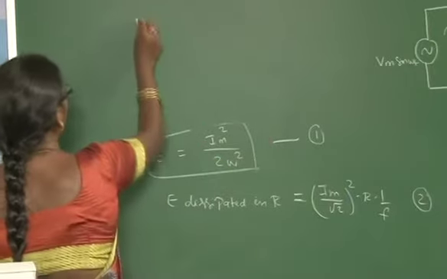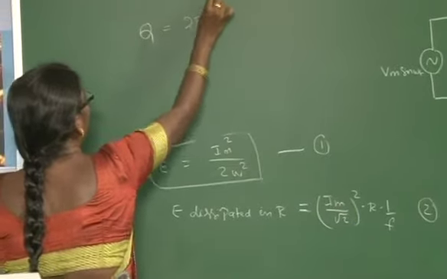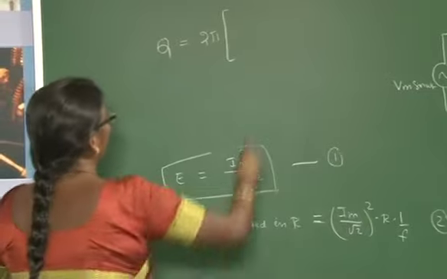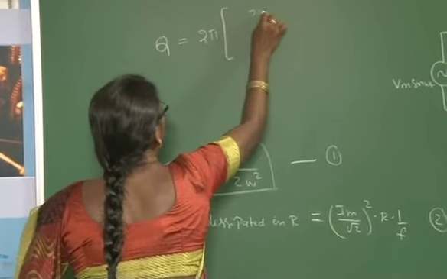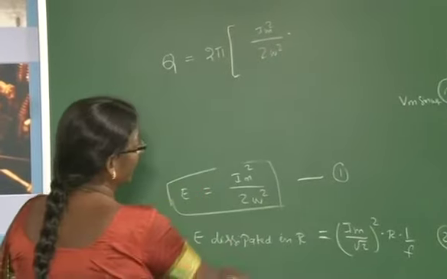What is the quality factor of the capacitor? It is nothing but 2 pi into the energy stored, Im square by 2 omega square, divided by the energy dissipated.